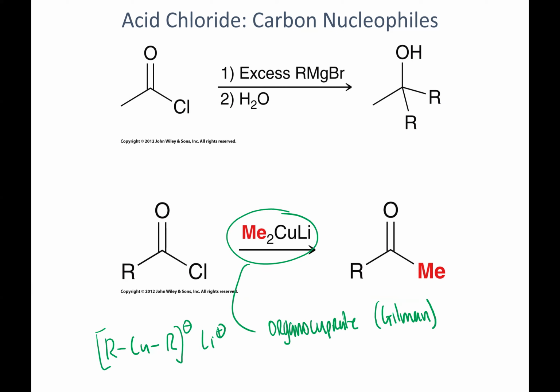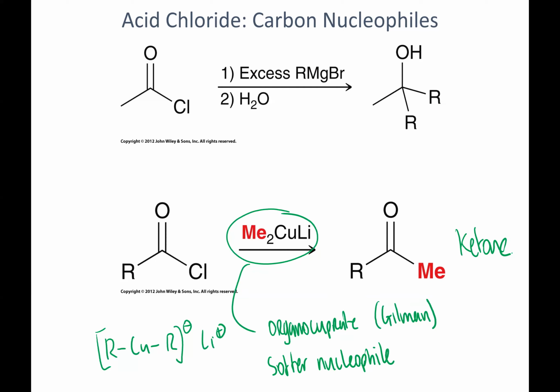When the copper is present, it becomes a softer nucleophile, a term we'll talk about in the next chapter when we discuss enolates. So it's just not as strong a nucleophile. And in the case of the acid chlorides, it will only add once, and it will stop, in this case, to give us a ketone.